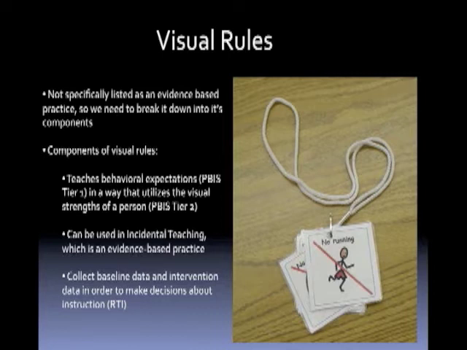So on this example, we're saying no running, and if you turn it over, it says walk. We would collect our baseline data for 10 days to see how many times the person that we're working with is running in the hallway. And then once we start our intervention and we start using the visual rule with them and teaching it with incidental teaching, then we want to collect our intervention data.